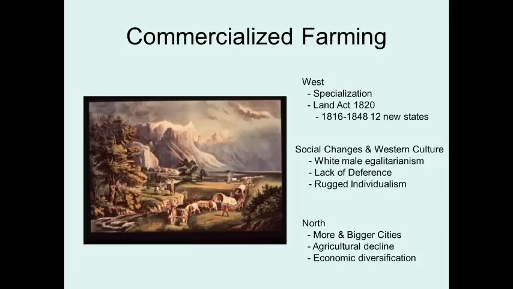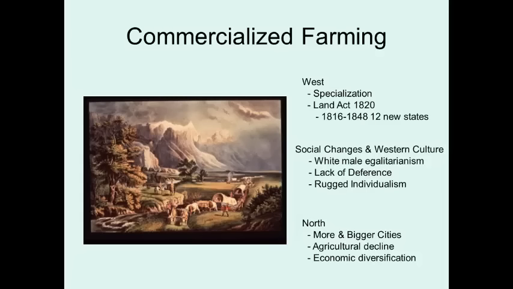And part of this was just kind of necessity. You were living on your little homestead in the middle of nowhere. The nearest farm is 30 miles away on horseback. You kind of had to figure out how to do it by yourself. And if you got through some kind of terrible hardship on your own, you would naturally feel very proud of that. So this kind of trickles into the culture at large.